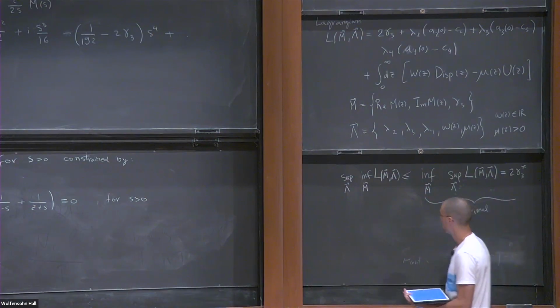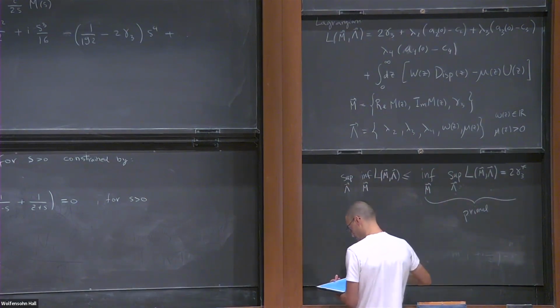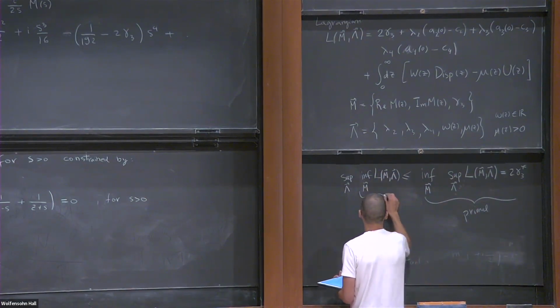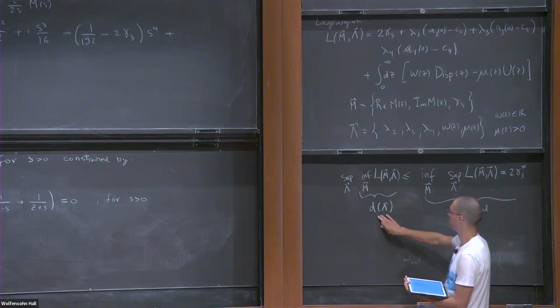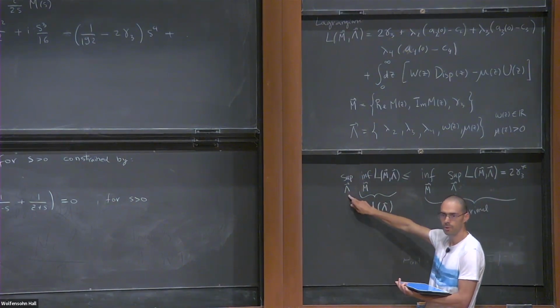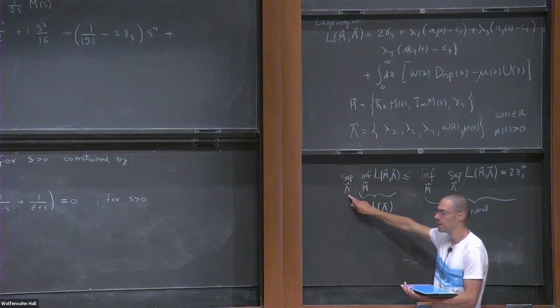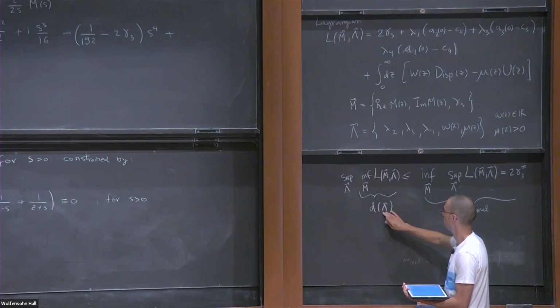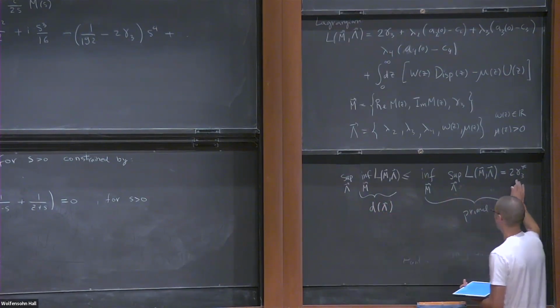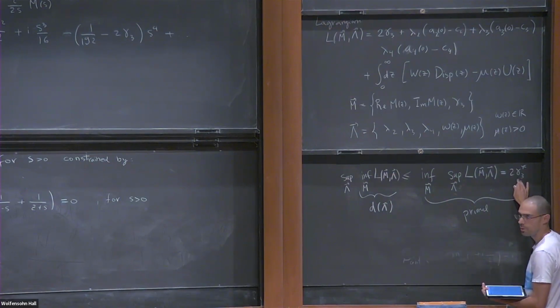And now, by this first operation, you eliminate the primal variables. So you get some function that only depends on the dual variables, what we introduced as Lagrange multipliers. And now, whatever value of capital lambda you put here, it's already a lower bound on what you wanted to find.